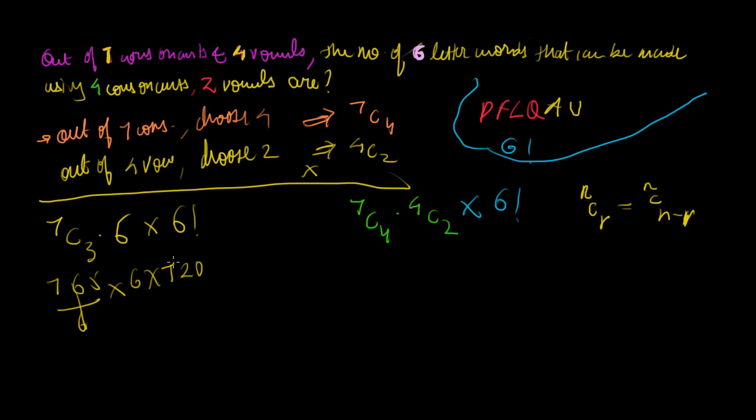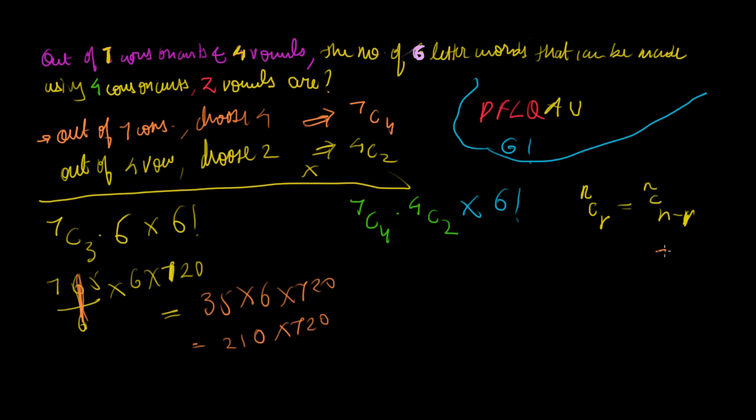That is 720, right? So what is our final answer? These two go away, so that's 35 times 6 times 720, so that is 210 times 720.